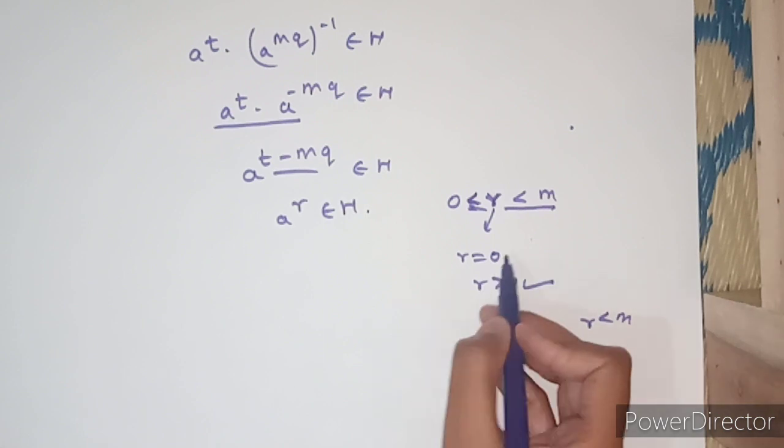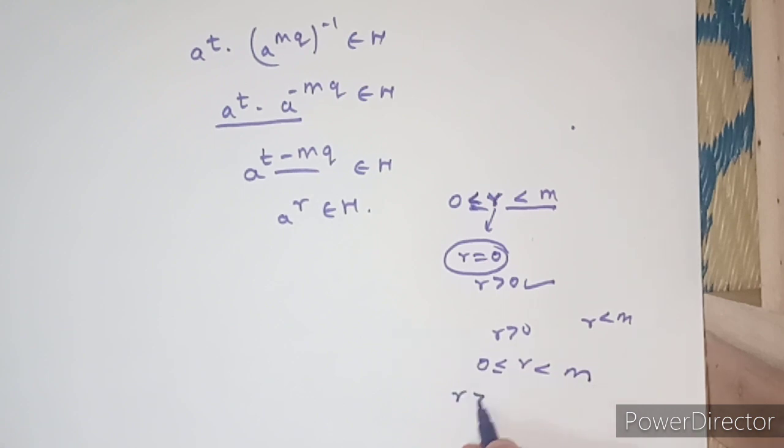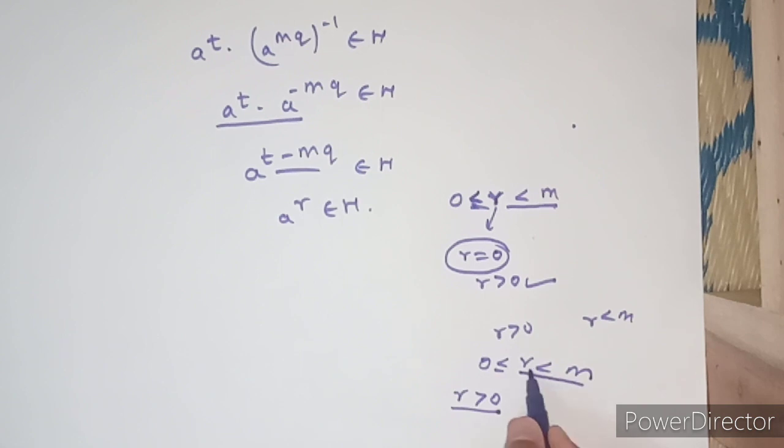So obviously r will be equal to 0. Let me explain once again. r is greater than or equal to 0 and less than m. If r is greater than 0, that means it is positive, and r is less than m. But we have assumed that m is least positive, and here r is less than m. That contradicts the assumption. So r should be equal to 0.